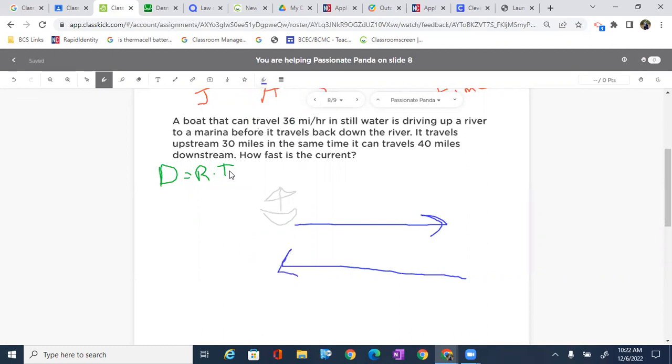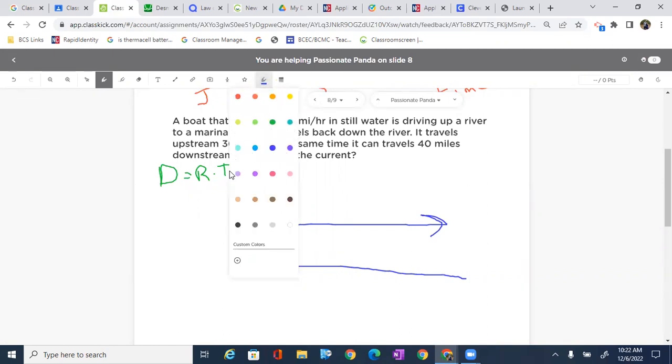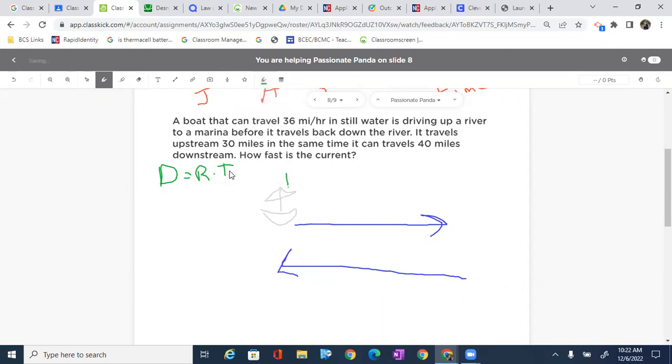It says a boat that can travel 36 miles per hour in still water is driving up a river to the marina. So we know that its rate on its own in still water is going to be 36 miles per hour. And it's going to go up the river to the marina before it travels back down the river.